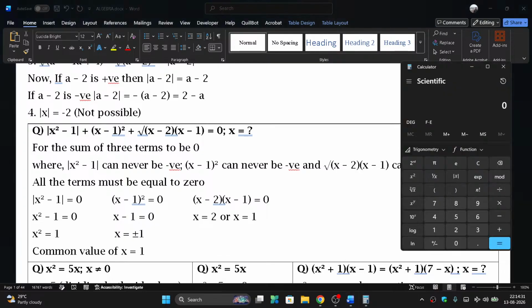Square, I mean, if we put minus 2, square of minus 2, how can I write square of minus 2?